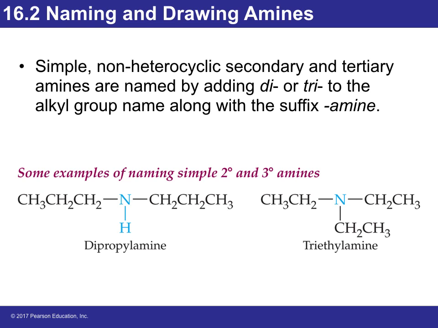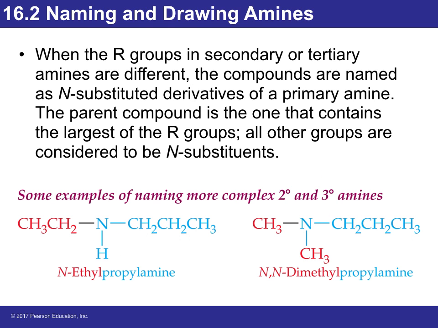Far right, 1, 2, 3 carbon atoms, another propyl, so I see 2 propyl groups, so it's a dipropyl attached to a nitrogen and hydrogen, it's dipropylamine. Third example, there would be a tertiary amine. I have 1, 2, 3 times CH2, CH3, ethyl, so that is a triethyl attached to a nitrogen, triethylamine.